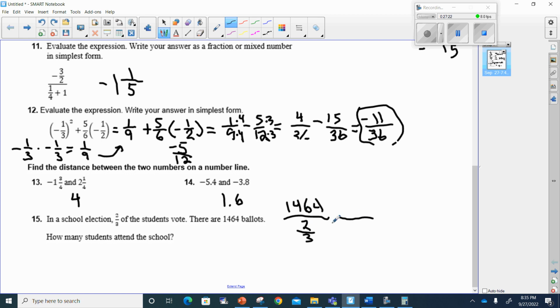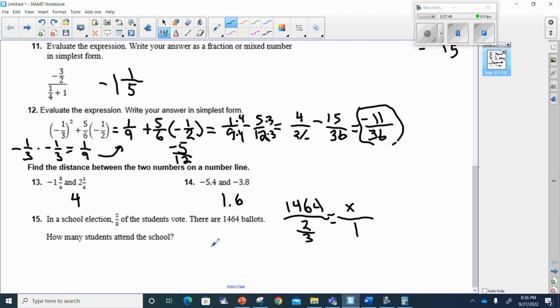I would go ahead and say that is equal to, remember, I want to know all the kids in the school. If 2/3 voted, then 3/3, which is 1, would be the amount of students in the school. And I would put x over 1, because I would want to know how many kids 1 is. So if I do this, I'm going to have to go ahead and cross multiply.